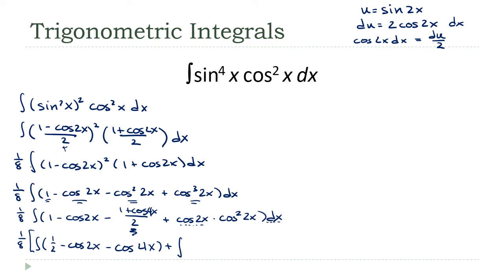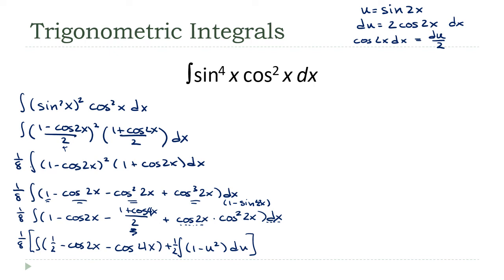Now I'm going to take this cosine squared and make this 1 minus sine squared 2x. So that's where the u is going to go. So this is going to become 1/2 times the integral of 1 minus u squared du, and that's an integral I can do.